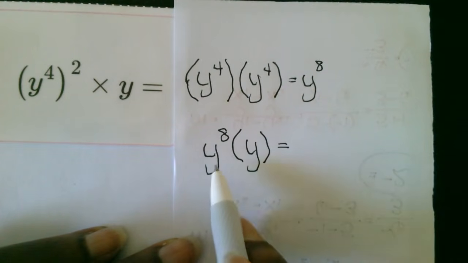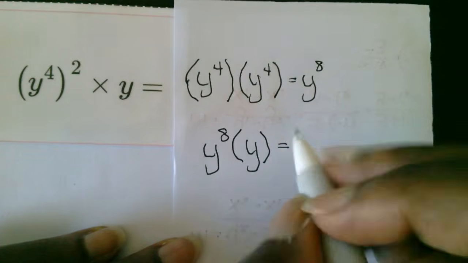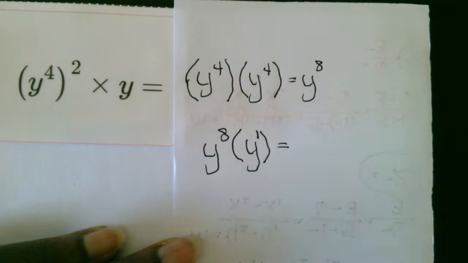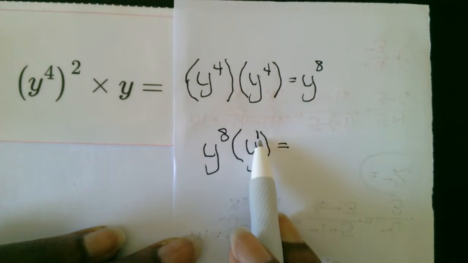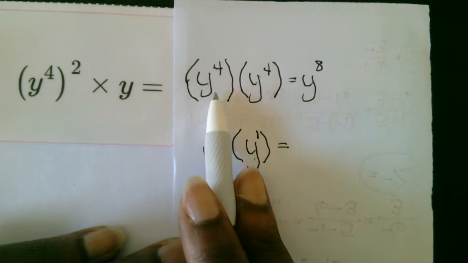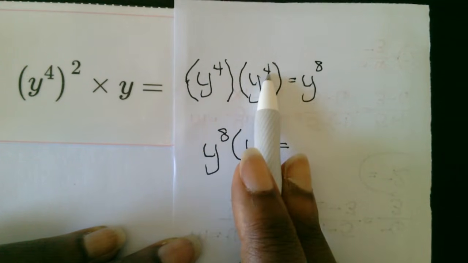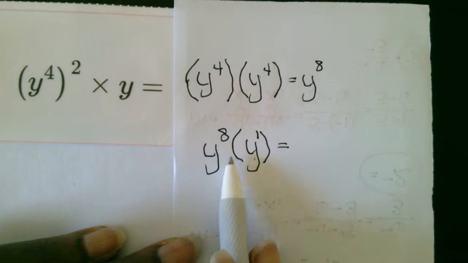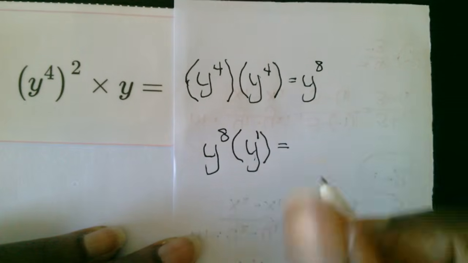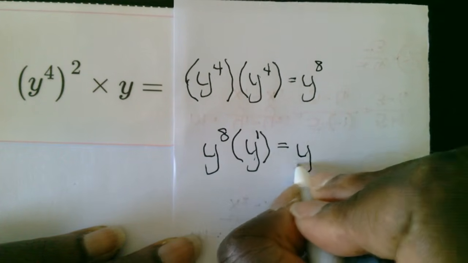Okay, so y to the 8th raised to the first power. If you don't see an exponent, it's a 1. And like we did up here, when you multiply and they're the same base, you add the exponents. The same thing is happening here. All right, you're going to add the exponents, so it'll be y to the 9th.